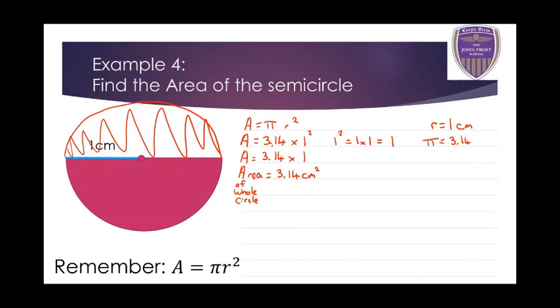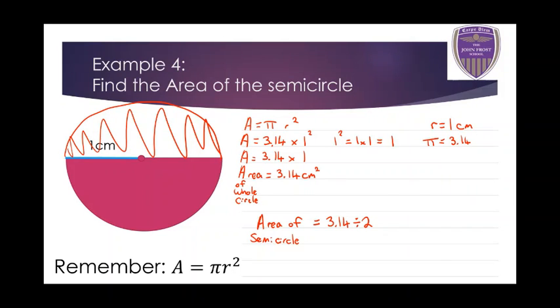So the area of the semicircle is going to be equal to 3.14 divided by 2. Remember, because we're finding half of the circle.